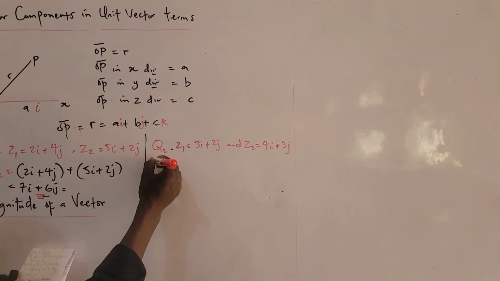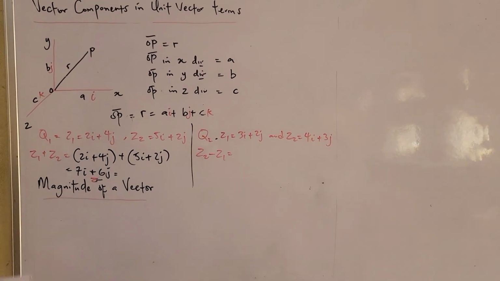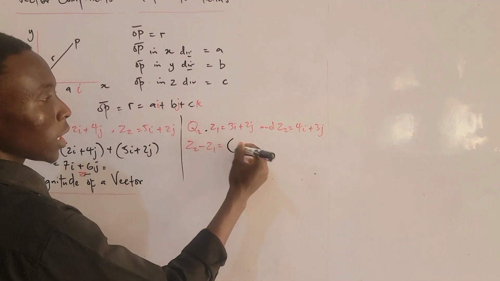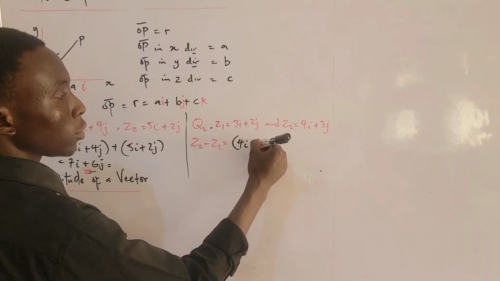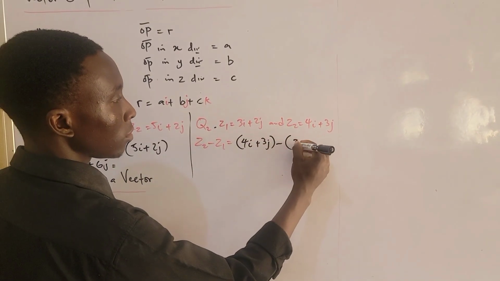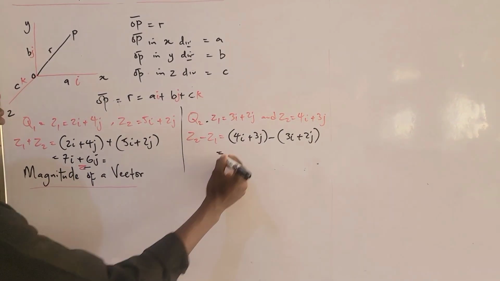Now we have to find Z2 minus Z1. Now how do you do this? Still the same process. Bring your Z2, then minus, bring your Z1. So what's your Z2? Your Z2 is 4i plus 3j, and minus 3i plus 2j. So now you can calculate further.